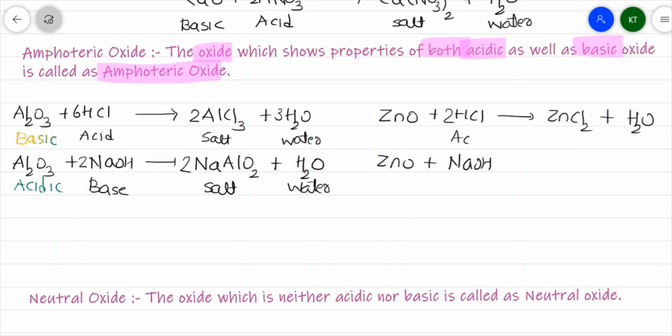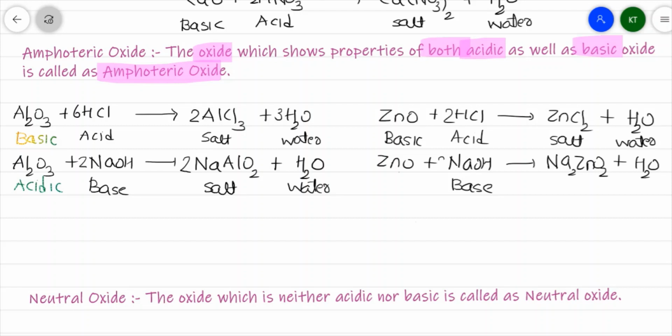So HCl is an acid, I got salt and water, so the taken substance must be basic in nature. ZnO reacts with NaOH, which is acting as a base, so as to give me salt, that is Na2ZnO2 plus H2O. This is called sodium zincate.